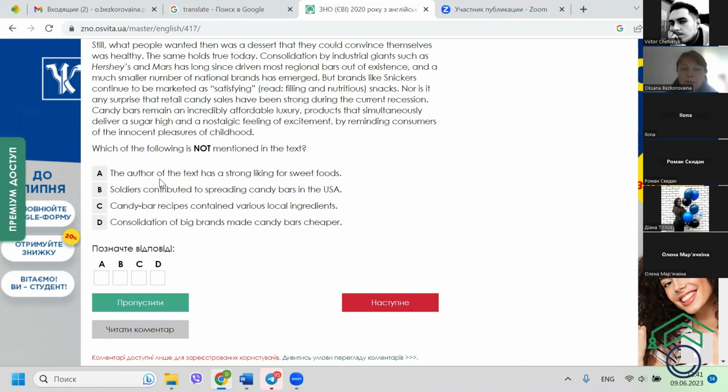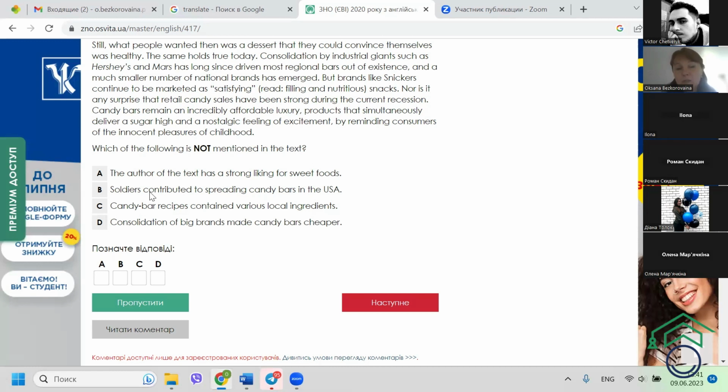The author of the text has a strong liking for sweet food. Автор очень любит сладкое. Soldiers contributed to spreading candy bars in the USA. Солдати, да. Soldiers contributed. Тобто вони внесли свій вклад. Contributed to spreading.